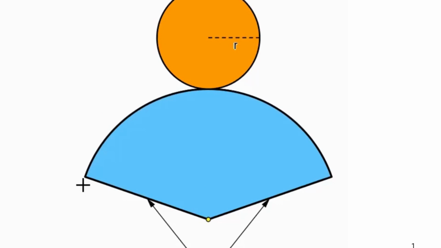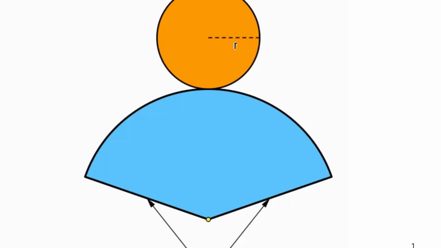So you can see that the curved surface and the circular base have a boundary, and that means a cone has one edge.